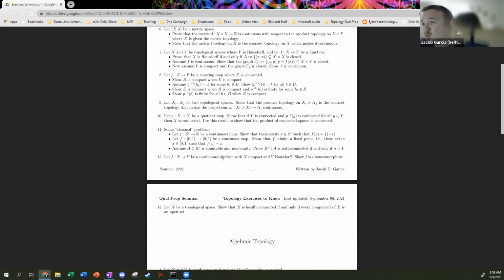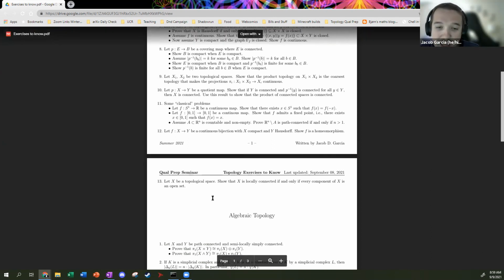You should be able to prove this, but the real reason that number 12 is on this list is because this is just a fact that you should be comfortable seeing and referencing and knowing, because it's quite nice to not have to deal with showing that the inverse is continuous.